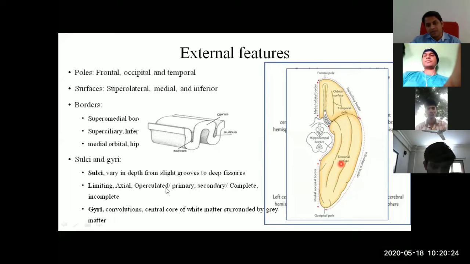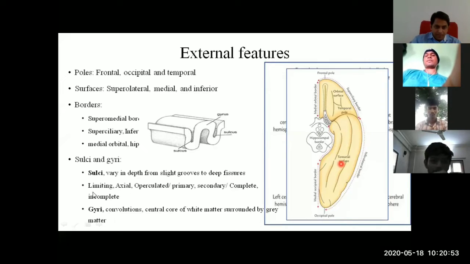Operculated. Operculum means lid-like. There is a sulcus called the lunate sulcus. Lunate means moon shaped. The lunate sulcus separates the visual or striate area from the parastriate area. Along the walls of the sulcus lies the parastriate area. So it separates the striate area from the parastriate area like a lid, so it is called operculated.